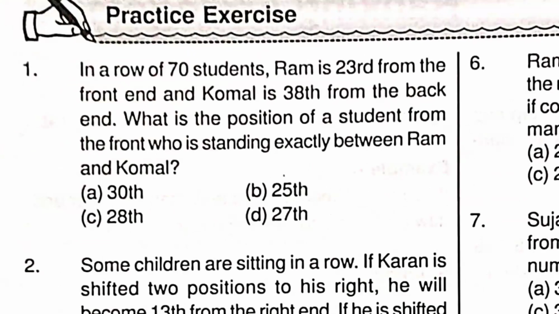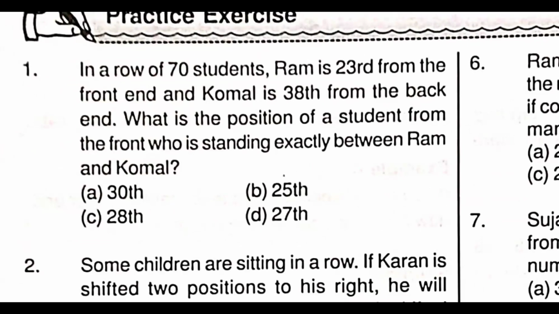So in a row of 70 students, that means now we are given the total number of students. We know that there are 70 students. Ram is 23rd from the front end and Komal is 38th from the back end. Let's see, if you want to draw this arrangement, how can we draw it?